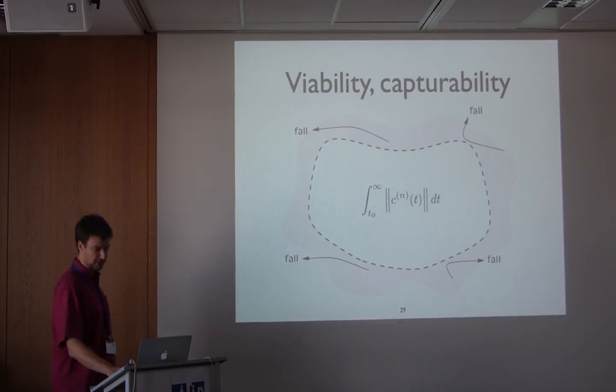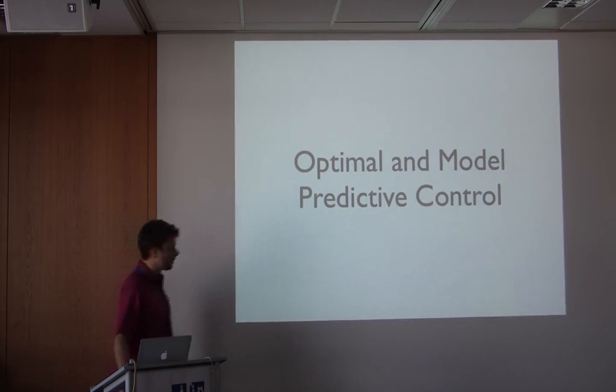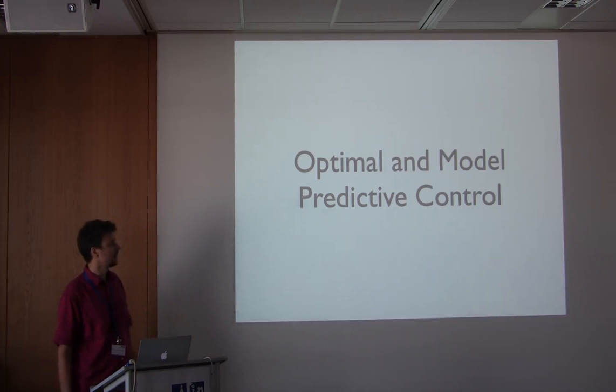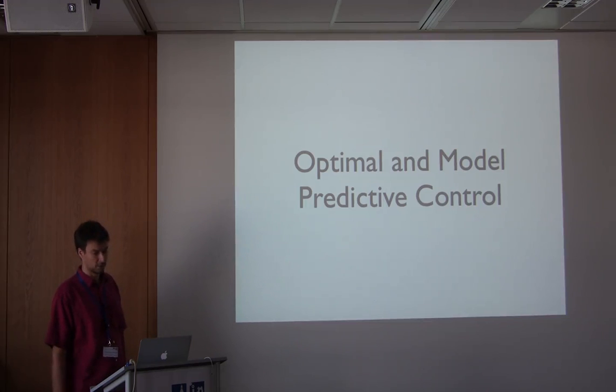So I propose to have just 4 slides on optimal and model predictive control, because we will see that that's what is used in every walking robot in the world, or nearly every robot.